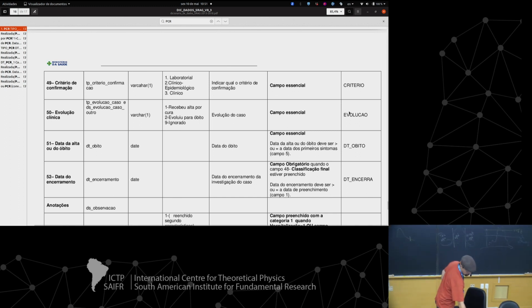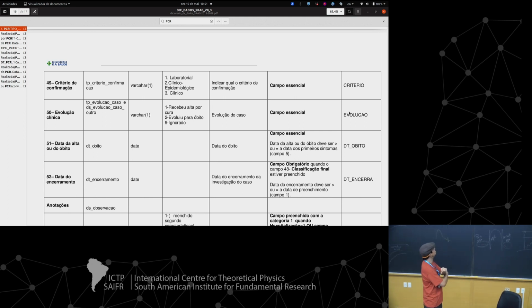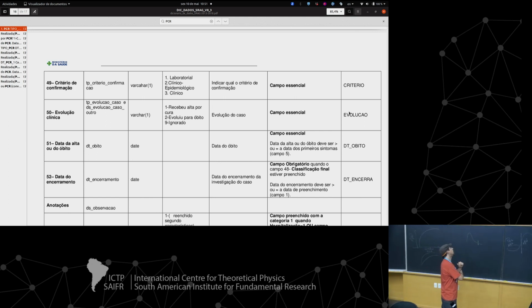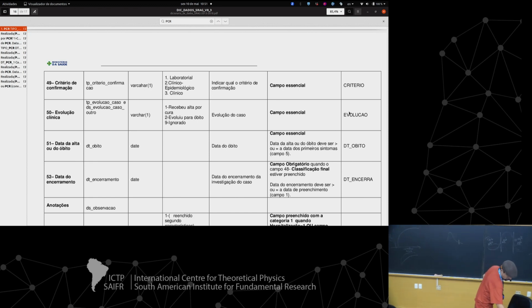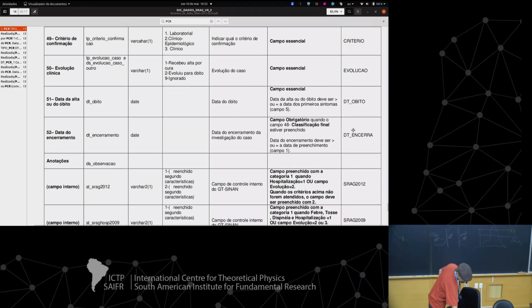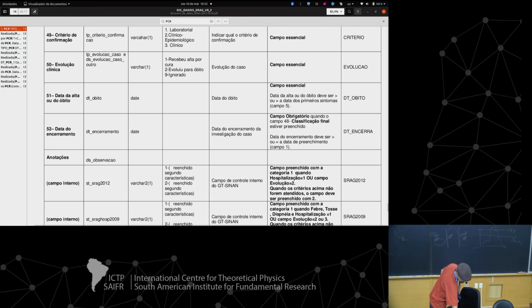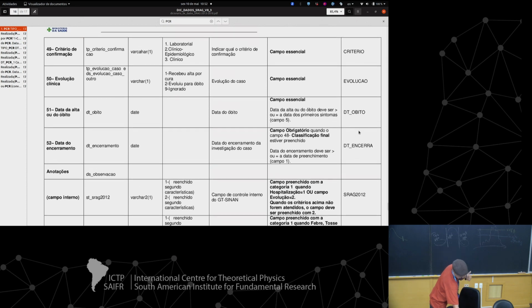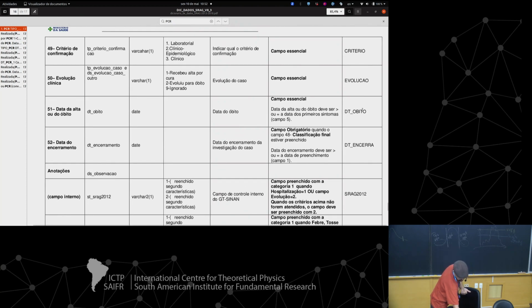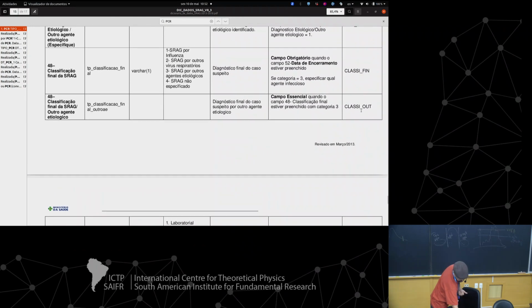Finally, you have evolution, which means whether the individual became cured or died. And you have several columns associated with dates. So the date in which this notification was closed, date of the evolution, or date of death, and so on and so forth.